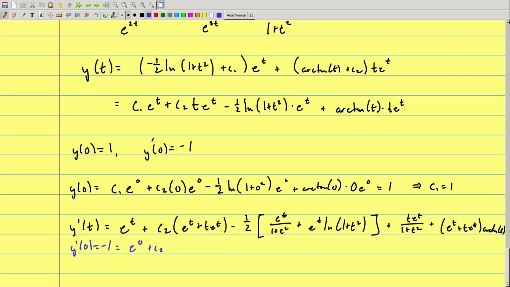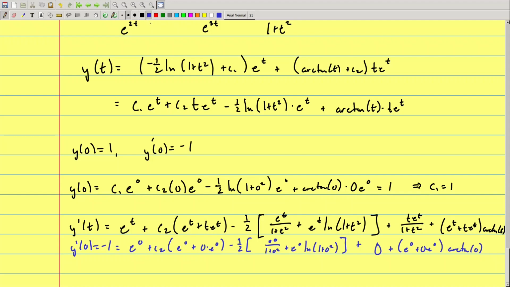I get e to the 0 plus c2 times the quantity e to the 0 plus 0 times e to the 0, minus the negative 1/2 times the quantity e to the 0 over 1 plus 0 squared plus e to the 0 times the natural log of 1 plus 0 squared, plus, there's a 0 in here, so it's 0, plus the quantity e to the 0 plus 0 e to the 0 times arctangent of 0, right?